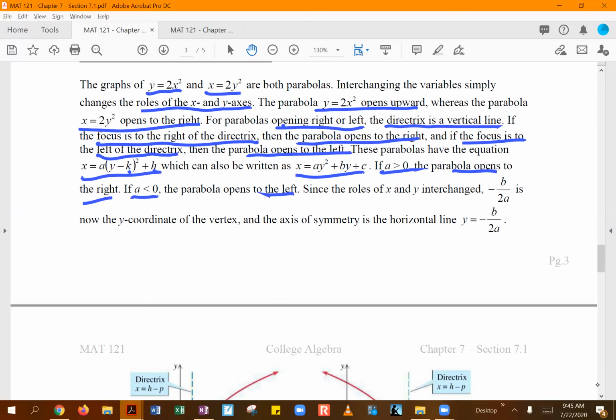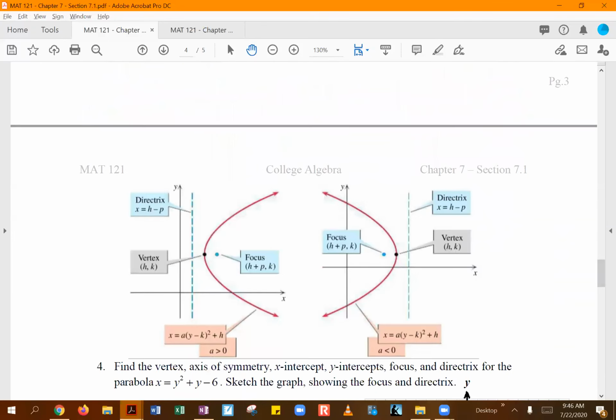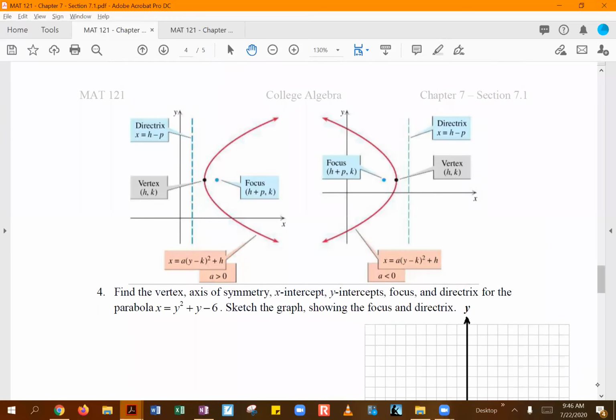Again, because our roles for x and y are changing, this formula of negative b over 2a will now give you the y coordinate of the vertex, which will also give you the axis of symmetry for our parabola. And obviously this time your axis of symmetry will end up becoming a horizontal line. And you can kind of see with these graphs over here, your axis of symmetry would now be passing through the focus and the vertex as a horizontal line.